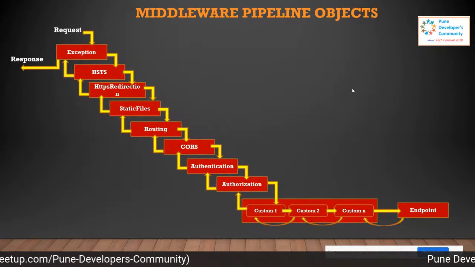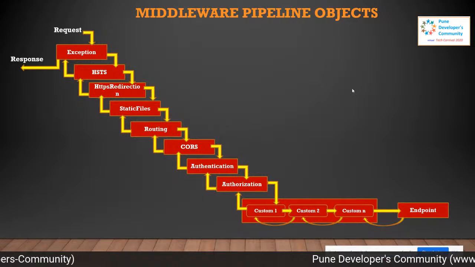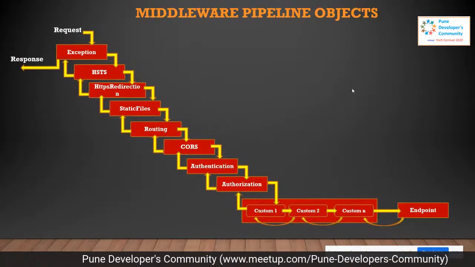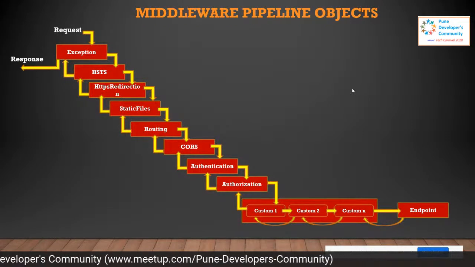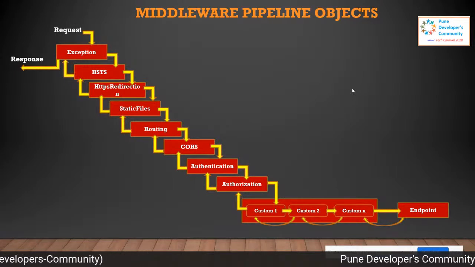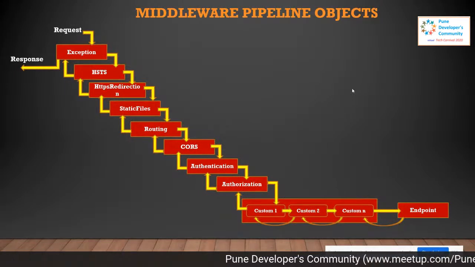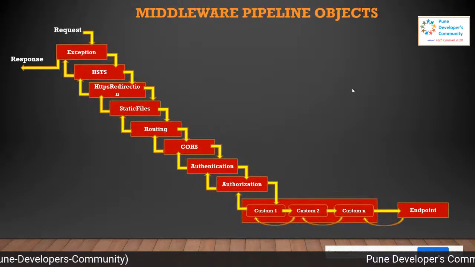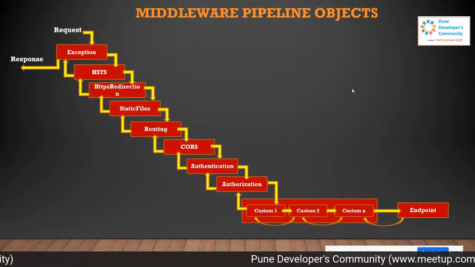Then the routing, then if it is an API application, we have CORS, cross-origin resource sharing. That's also a middleware. Then we have authentication, authorization, and then we can have our own custom middlewares. If you want, you can keep on writing custom middlewares, and then finally it will go to the endpoint, from where the actual request processing happens.